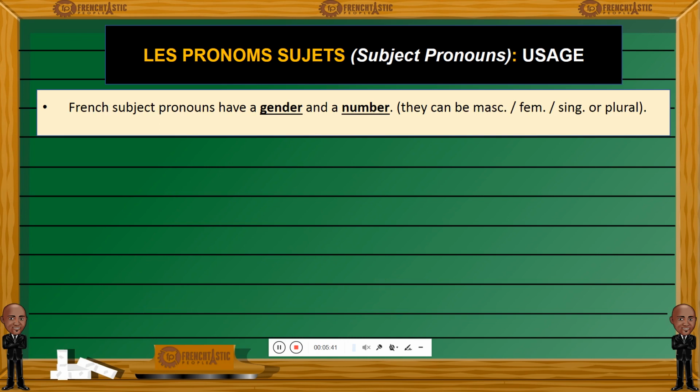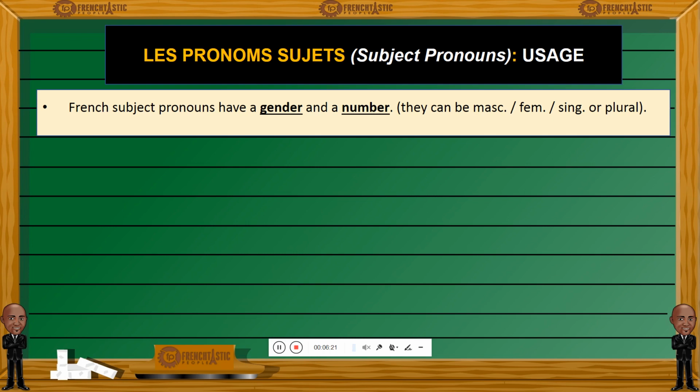Next, subject pronouns will have a gender and a number. In French, this is really important to keep in mind. The notion of gender and number tends to be quite difficult for most French learners, because not every language in the world has a gender or a number.